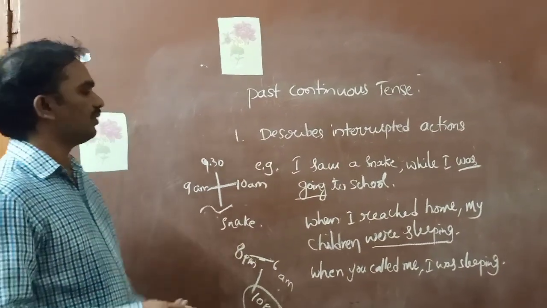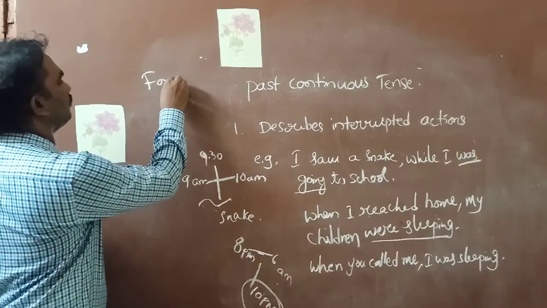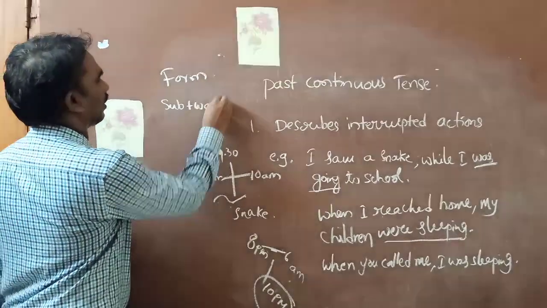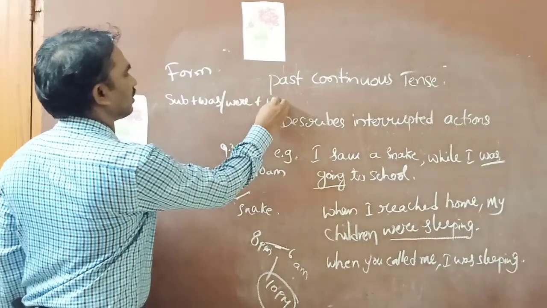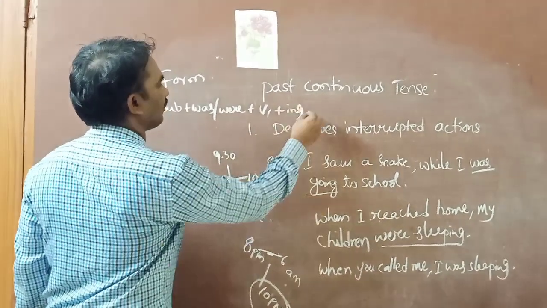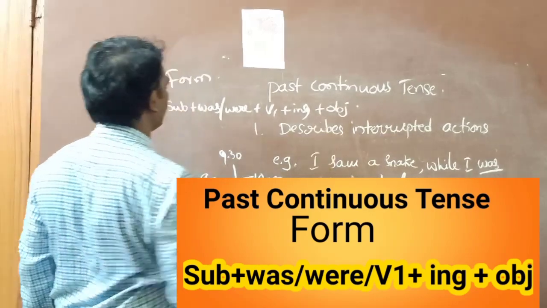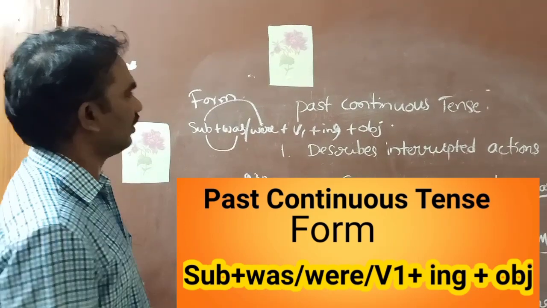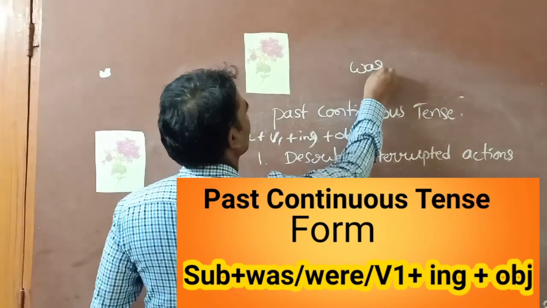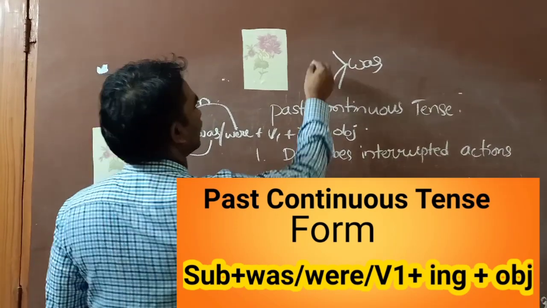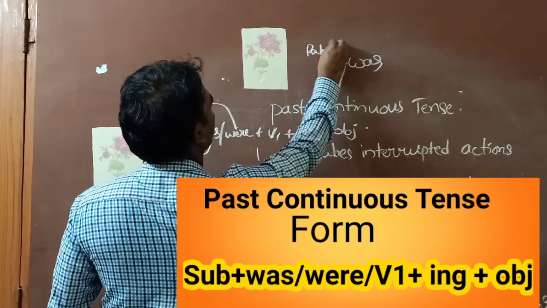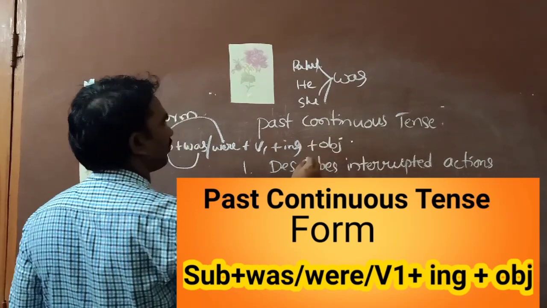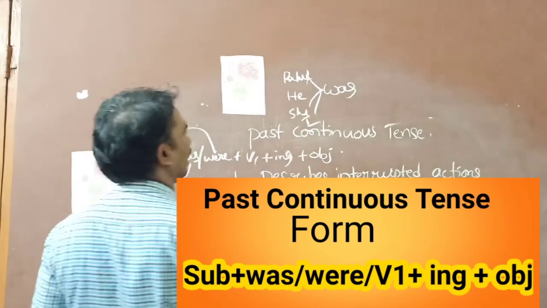So let's look at the form here. What is the form you have to use? There is a subject plus was or were plus V1 plus ing form plus object. Was is used for singular subjects or third person singulars. For example, Rahul was sleeping, or he was sleeping, she was sleeping, and I was sleeping.